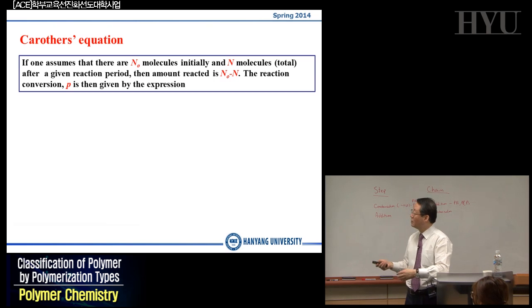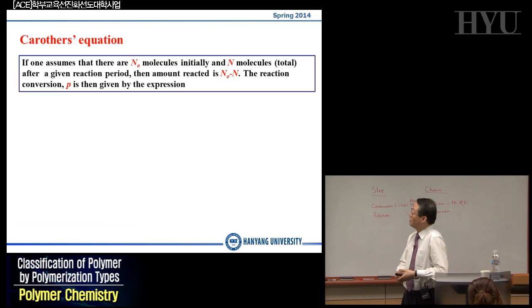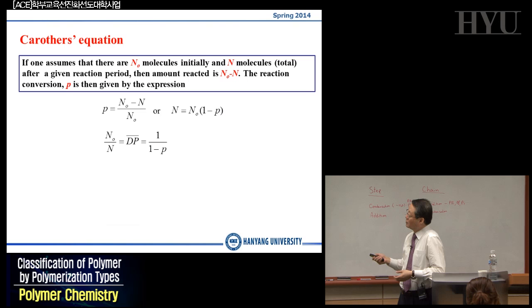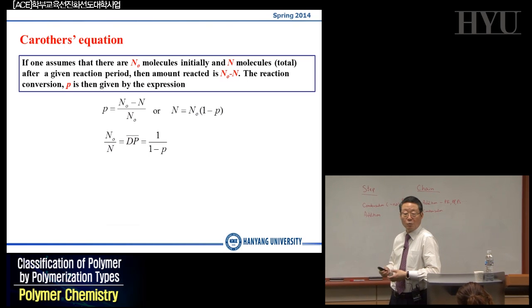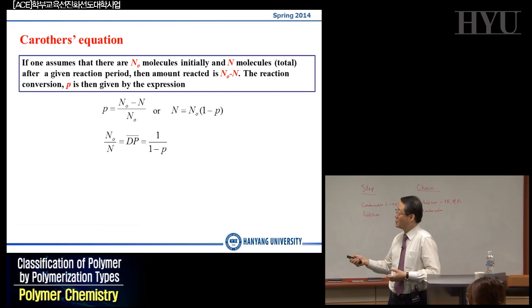Let's define the conversion percentage. Conversion can be expressed as the number of molecules consumed divided by the initial number of molecules. Let's say N0 is 25 here, and N0 minus N is like 12. So p is about 0.5. About 50% of your reaction has proceeded, which can be calculated from this equation.